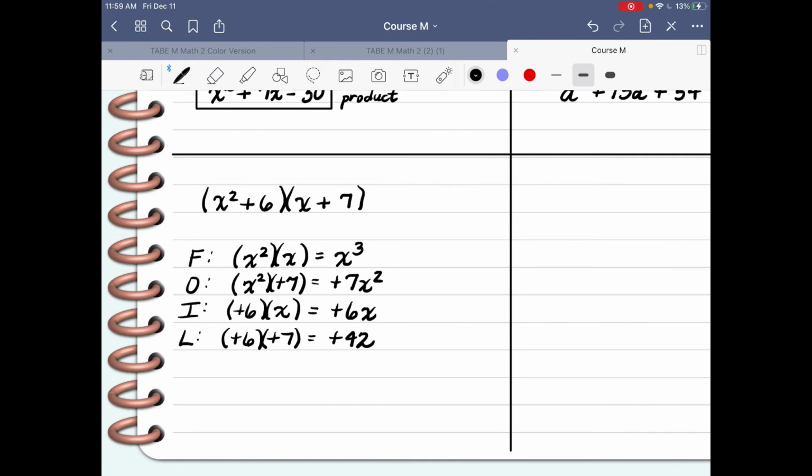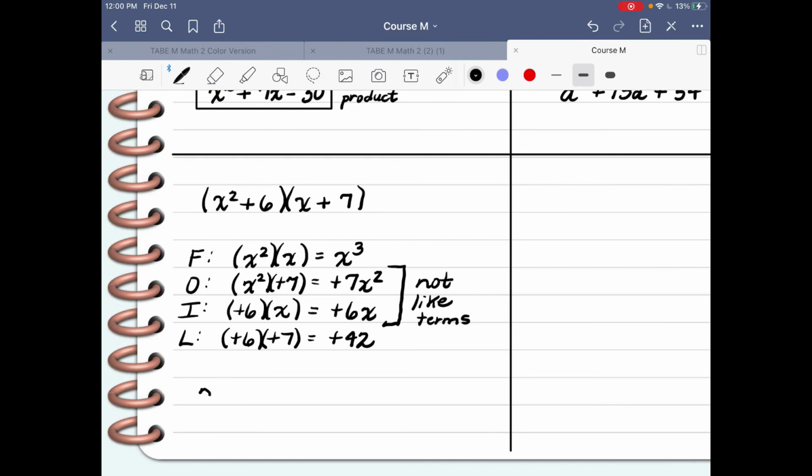So this time when I go to combine these, I can't, because they are not like terms. You cannot mix an x squared with an x. So in this case, there is no combining.